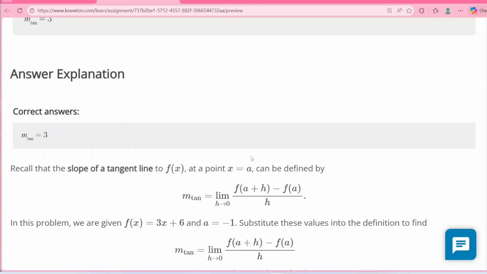I would suggest reading through these answer explanations, whether you get something right or wrong. Definitely if you get it wrong, try to read through them, figure out why it was wrong, where you went wrong, and hopefully you can learn from your mistakes for future questions.